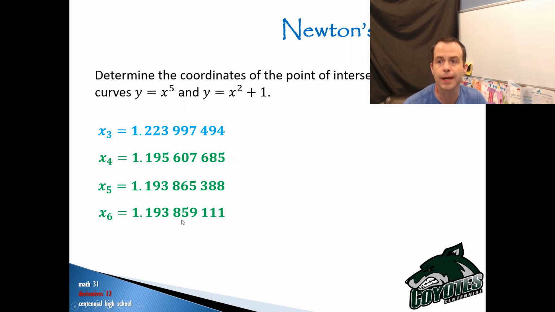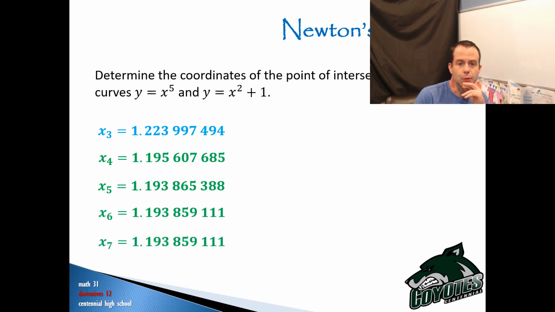Okay, try for x7. Pause me. Okay, x7 is 1.193859111. Okay, so now you've noticed I've got 9 decimal places the same. Okay, so this is a pretty darn accurate solution. You know, we're down to 9 decimal places now.